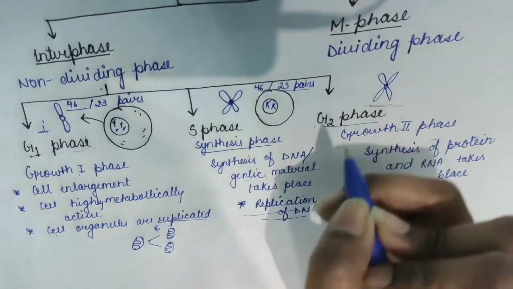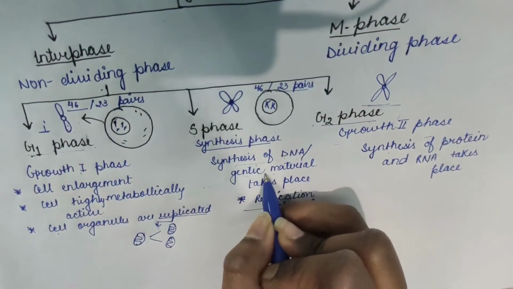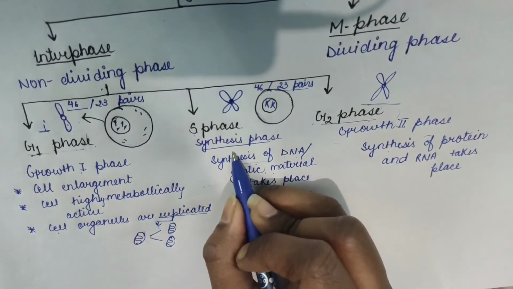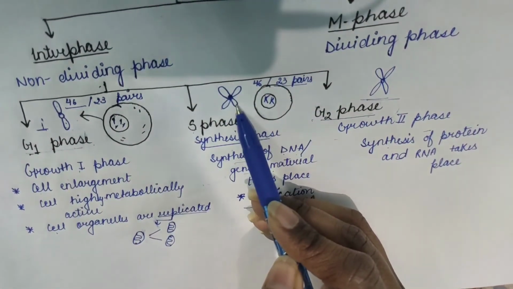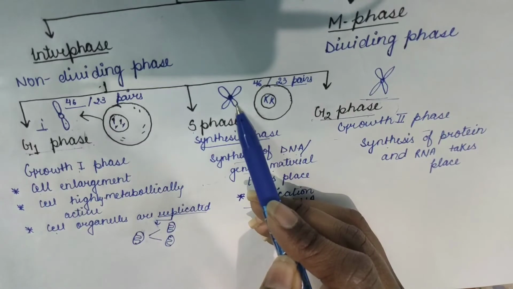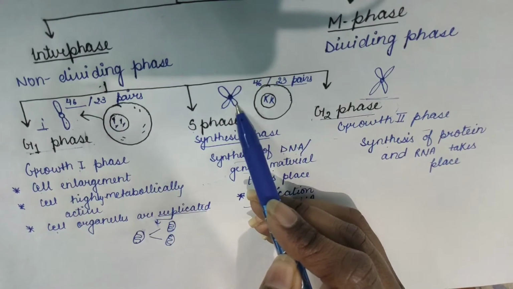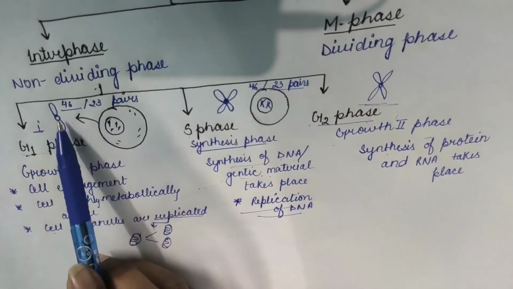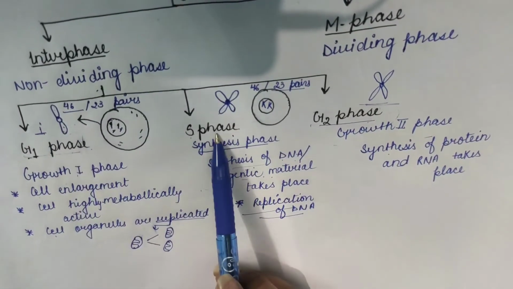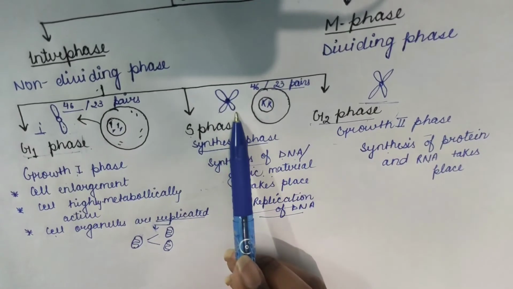Why? Because the extra DNA synthesized during the S phase is still attached to the previous chromosome, or the old chromatid. So remember that in the G1 phase, the chromosomes are rod-shaped, and in S phase, the chromosomes are X-shaped.